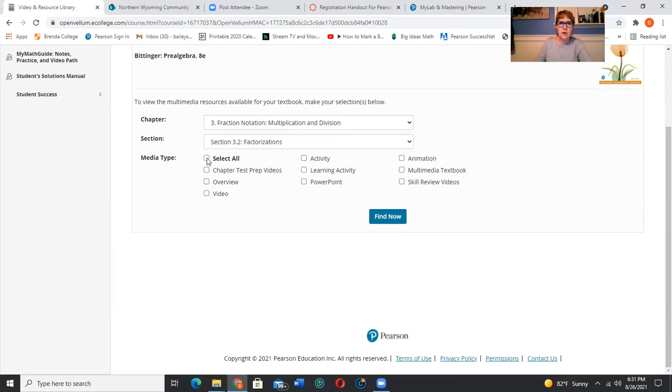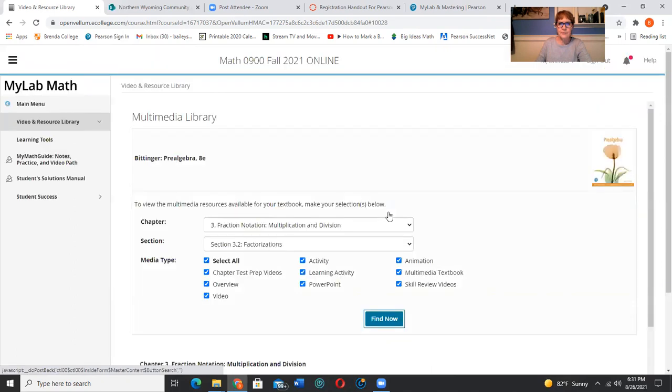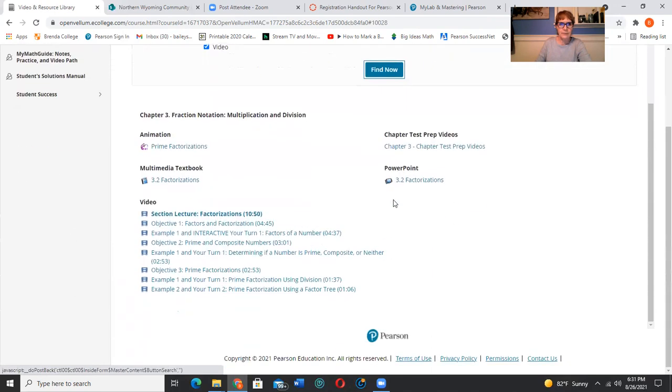And you can select all, but it has some learning tools here for you. Scroll down, and it has some things that might help you. There's an animation where you could click on how to do prime factorization using a little animation. There's some videos that you can use to look at some ideas or some lessons on these.